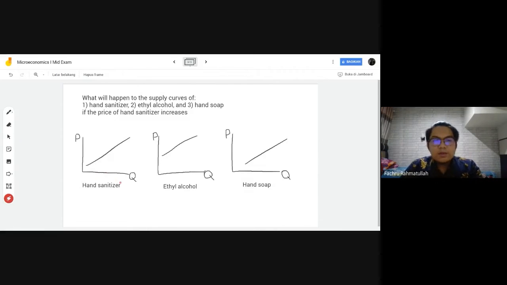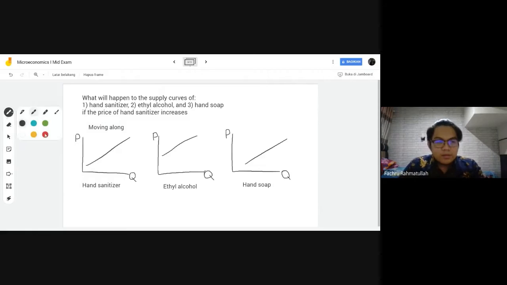So when the hand sanitizer price is increasing, it will be moving along like before, or it can be called move along also. Just two names for this answer, whether it's moving along or move along.